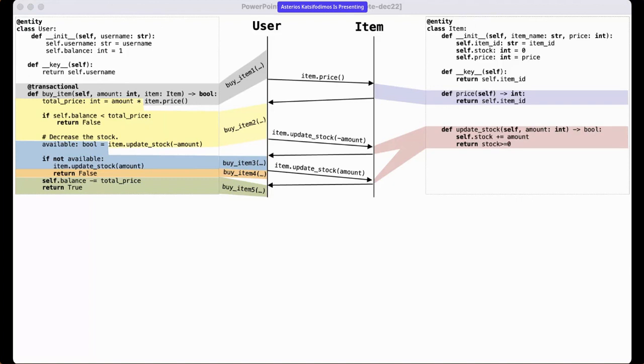Basically, Philipp Haller mentioned that for Scala async, he has done a very similar program analysis, similar to the function splitting we are doing here.